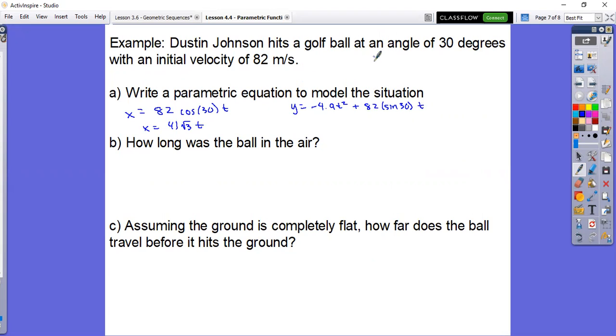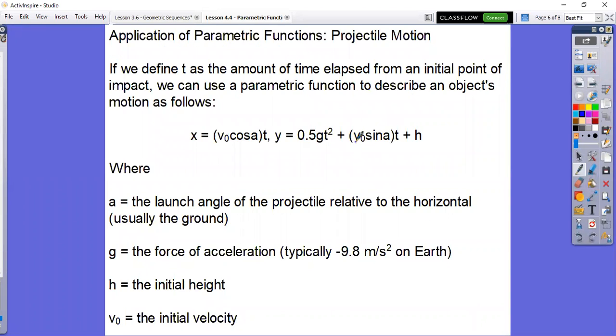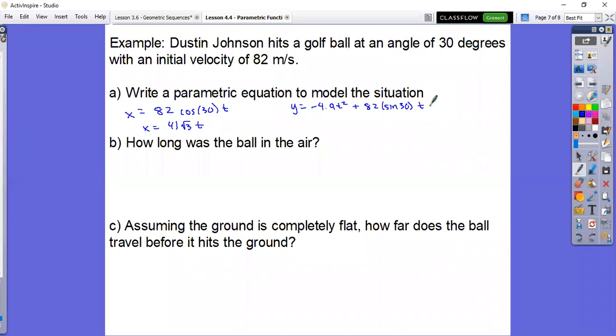Because it's a golf ball, we're going to assume he hit it off the ground, so h is 0. When I simplify this, y equals negative 4.9 t squared plus 41t.